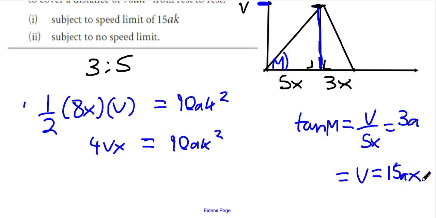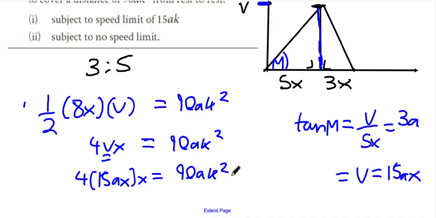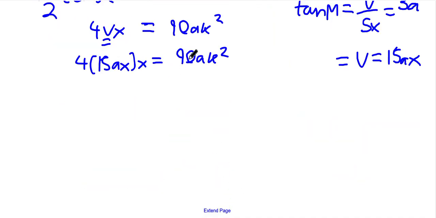Now, what am I going to replace v with? 15ax times x all over 90. Okay. The a's cancel on both sides, don't they? Would you all be happy with I got 60x squared equals 90k squared.